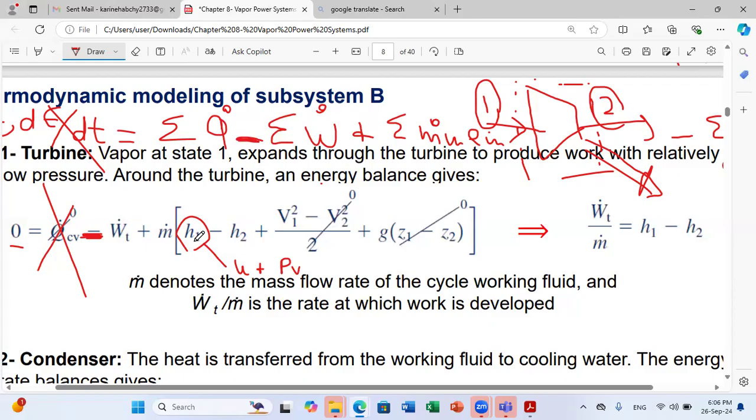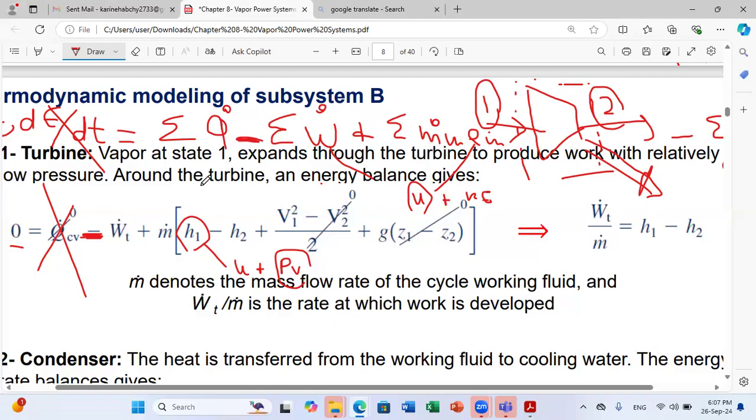The total energy is decomposed into internal energy plus kinetic plus potential. That's why whenever you have an open system you use the enthalpy, while for a closed system you use the internal energy.